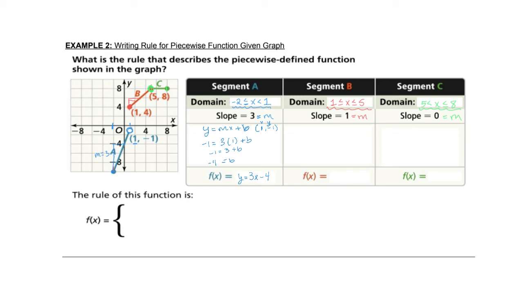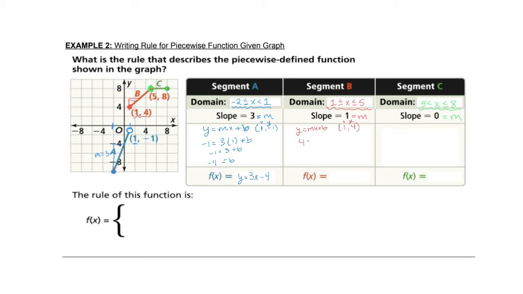We do the next one. The next one, our domain is from 1 to 5. We know our slope is 1. So y equals mx plus b, where our m is 1, and our point is (1, 4). You can see it right here. You can pick any point on the line, but these ones are given on the graph, so we're just going to use them. That's your x and y.